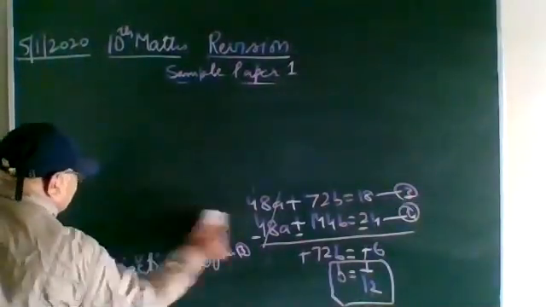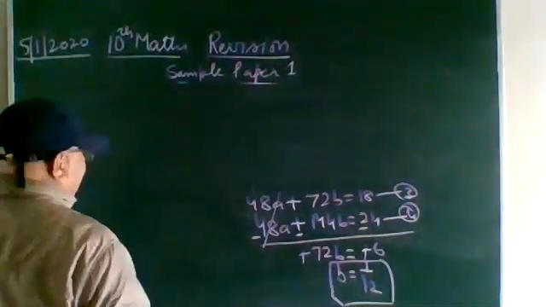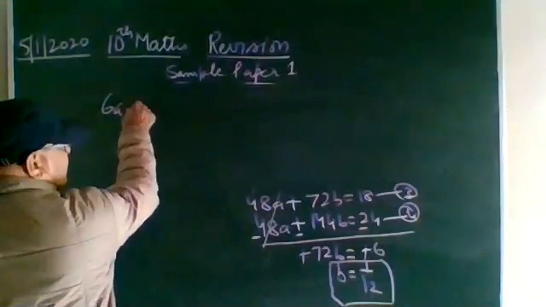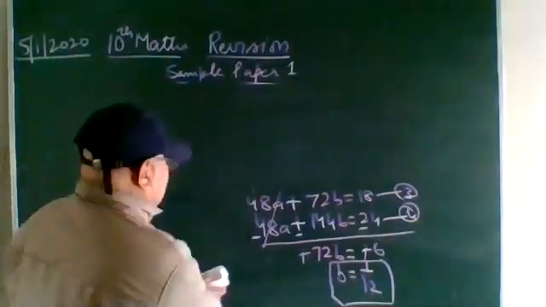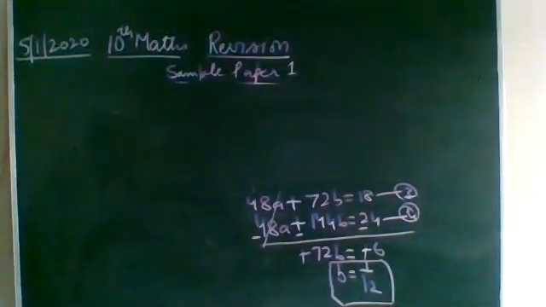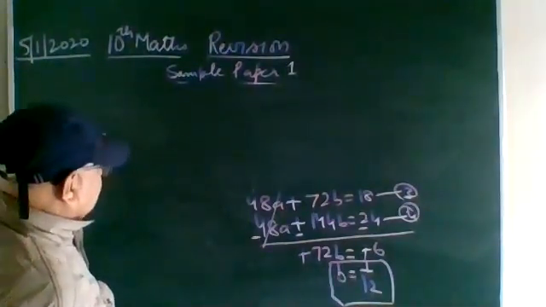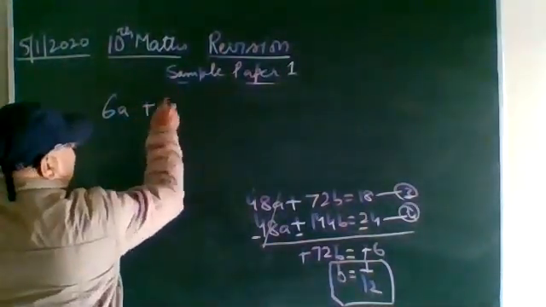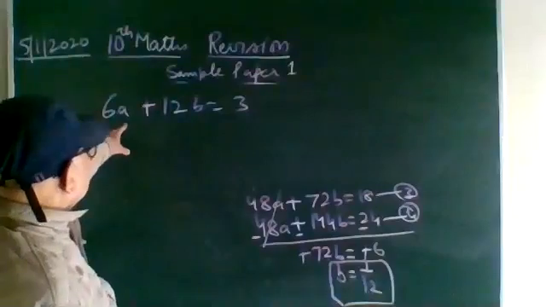Equation number 1 is 8a plus 12b equal to 3.